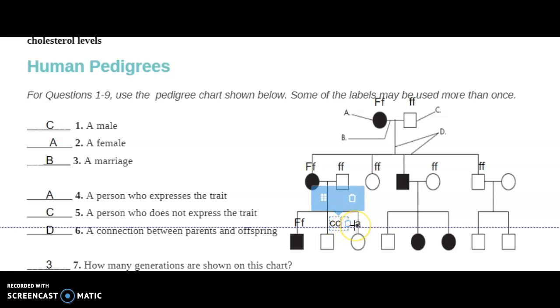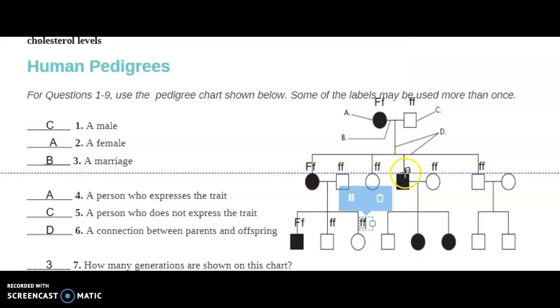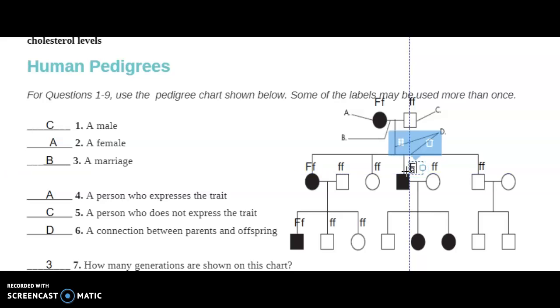And this one has to be little f, and this daughter here is also showing the recessive trait and would have to be little f, little f. Okay. So up here also this son was showing the dominant trait, so he had to have a big F, and then Dad could only give the little f, so that one would have to be big F, little f.